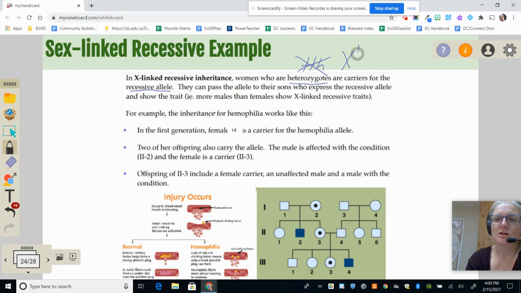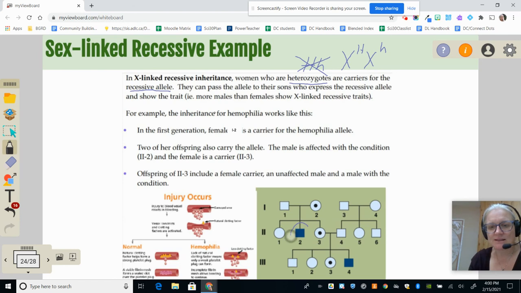So if you're a female, you might look like that if you're heterozygous. So you are now a carrier. Women can be carriers for these recessive examples, so they can pass along that recessive allele to their son, and that's how their son would express that gene.